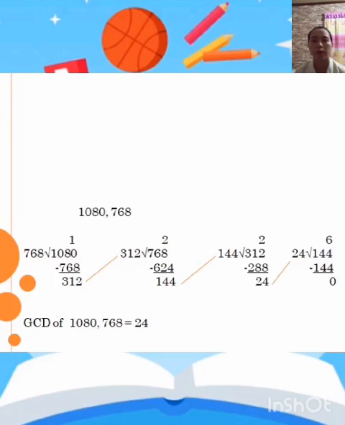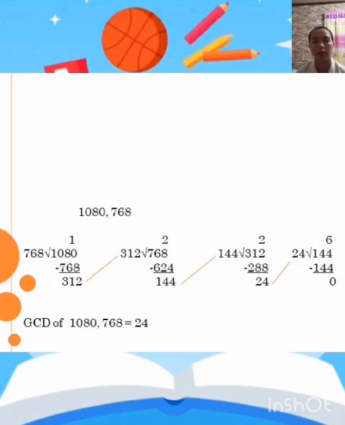So we repeat the process. We divide 312 by 144, the previous divisor, then the quotient is 2. We subtract the product of 2 and 144 from the dividend 312. The remainder is 24. So we divide 144 by 24.